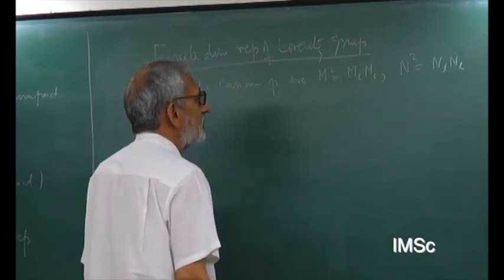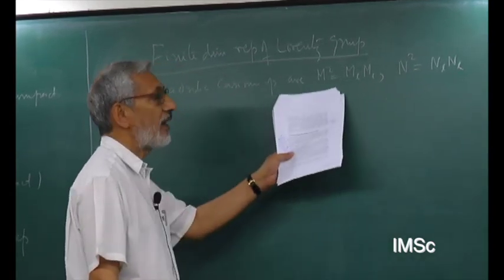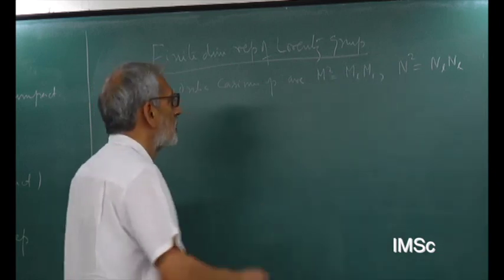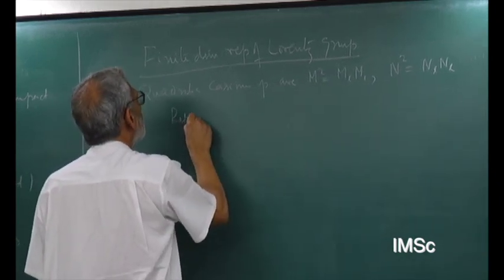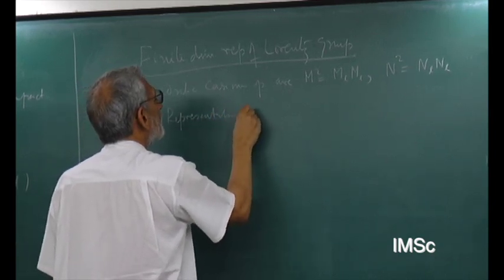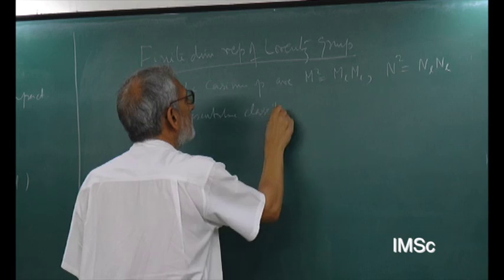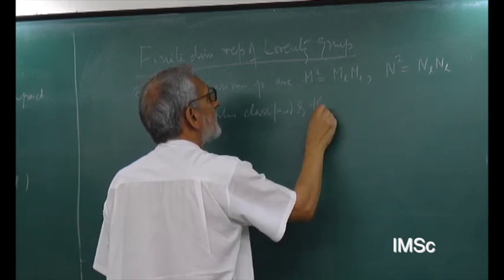So in order to classify finite dimensional representations, we have to give the eigenvalues of M squared and N squared. So representations are classified by their eigenvalues.